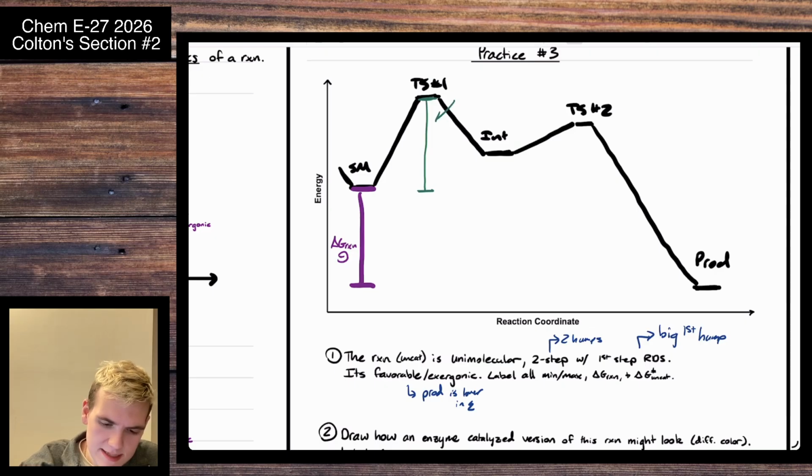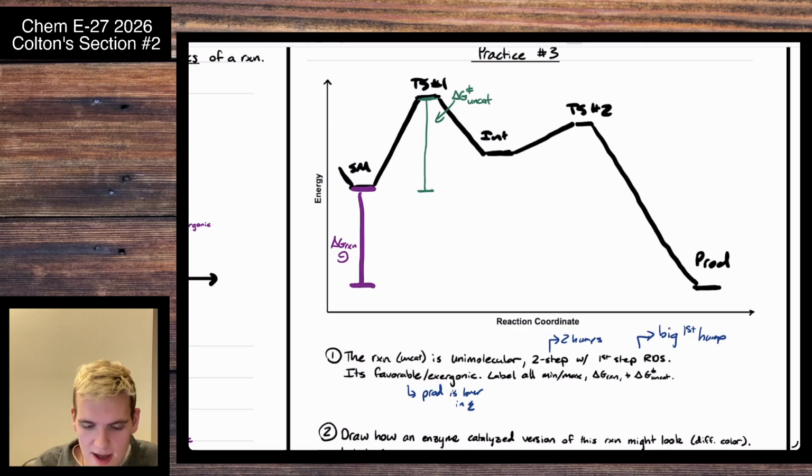So that is delta G double dagger 1. And then our second one is this smaller one here. And just to make it not too cluttered, I'm not going to write it in, because this one is going to be our bigger delta G double dagger. We have a bigger hump in step 1, so that means that it is a rate determining step. So I'm just going to call this delta G double dagger uncatalyzed.